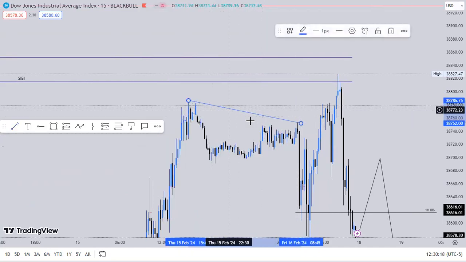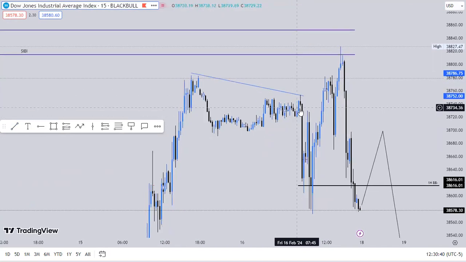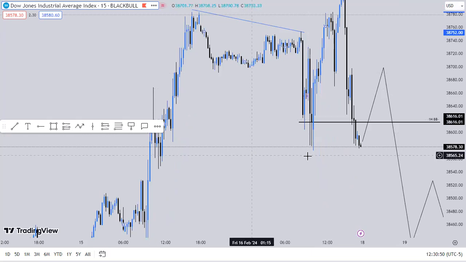In the London session, we have an SMT on the Dow. The Nasdaq was making a higher high and the S&P a higher high, but the Dow was making a lower high, which caused an SMT. This SMT played its role, which was to take the sell side of the Asian session and the London session, and take the price down to the OTE.